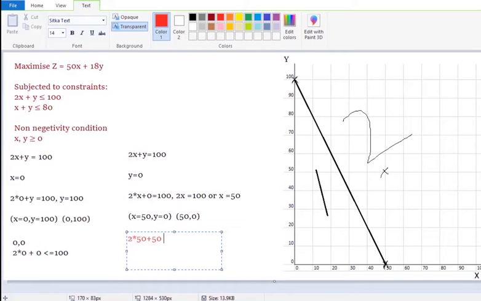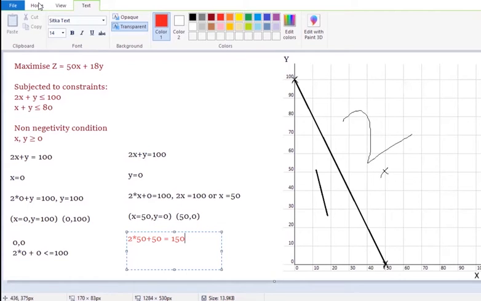What is this equal to? Is it less than or equal to 100? No, it is 150. So it is not less than or equal to 100. So I cannot take region 2. I can take region 1 only.